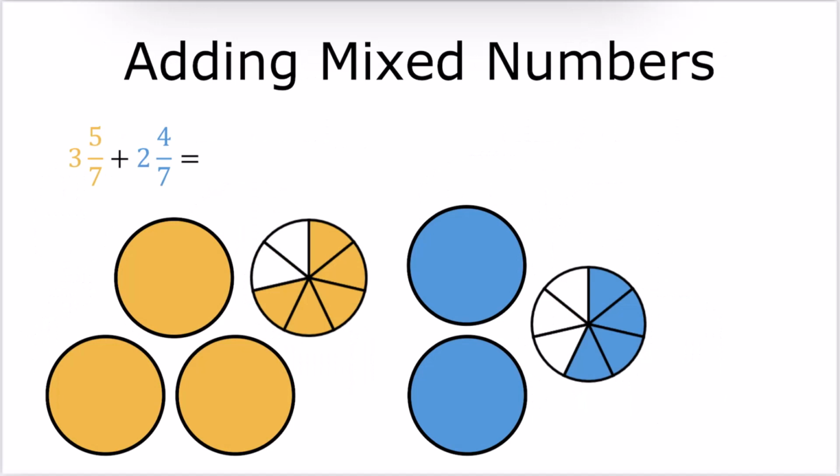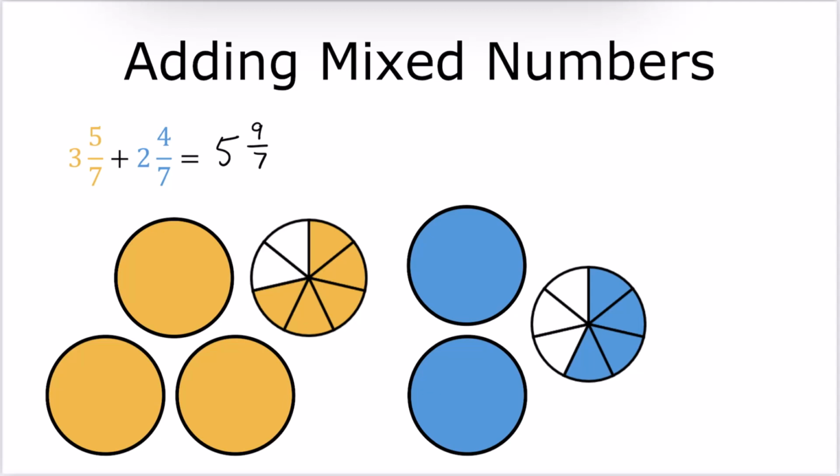So let's say that I was adding the mixed numbers 3 5/7 and 2 4/7. Since I'm combining these two amounts together, I could just combine the whole number parts together and then combine the fraction parts together. So if I take 3 wholes and I add 2 wholes to it, that's going to give me 5 wholes. Then if I do 5/7 plus 4/7, that's going to give me 9/7.